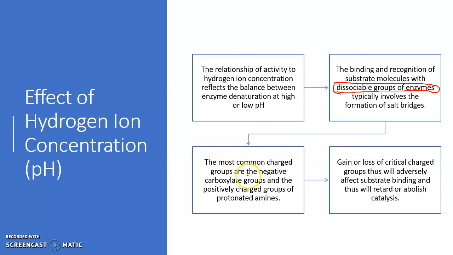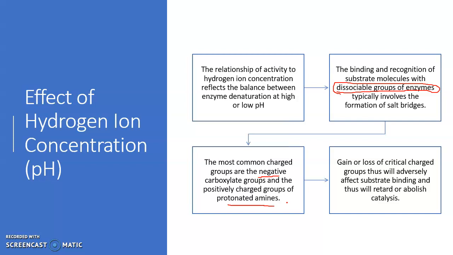The most common charged groups are negative carboxyl groups and positively charged groups, protonated amines. These are ionizable groups present on the enzyme, called dissociable groups. They help in the binding and recognition of substrate molecules.